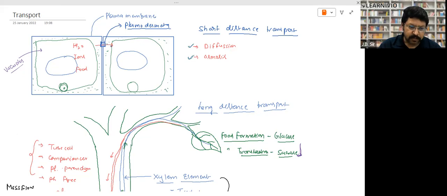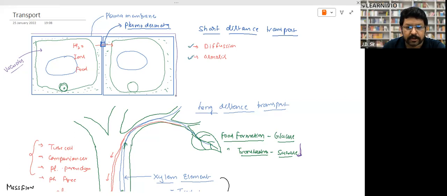Okay. For short distance transport, one more important thing. This is a plant cell, right? A plant cell has a plasma membrane, and around the plasma membrane there is a cell wall. One more layer is present around this. What do we call this?